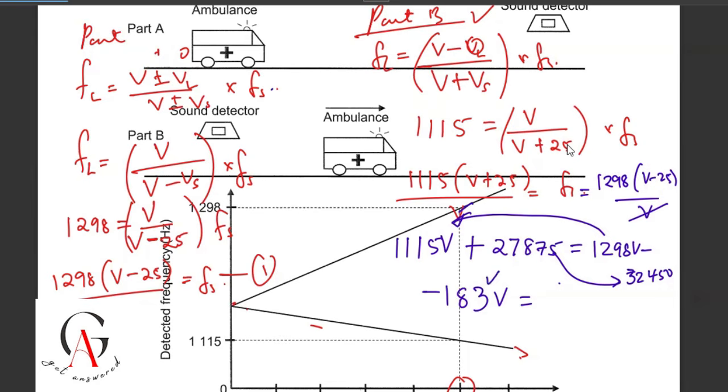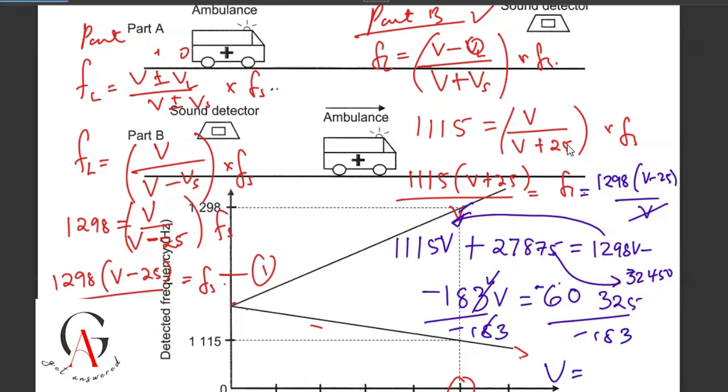But this is a negative, né? And then we are subtracting again. So it's 32,450 minus 27,875, which gives me 60,325. So it's like a subtraction. So negative this minus that, 60 that. Then I'll divide by negative 183, divide by negative 183.